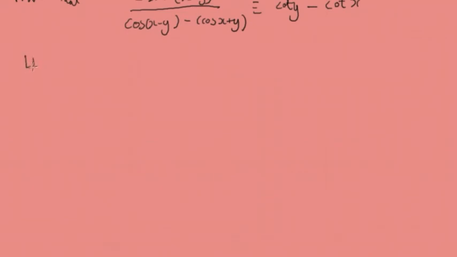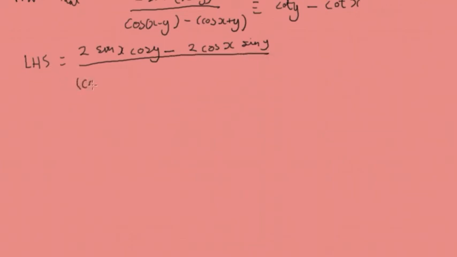So the left hand side, the top bit is going to be 2 sine x cosine y minus 2 cos x sine y over cos x cos y plus sine x sine y minus cos x cos y minus sine x sine y.